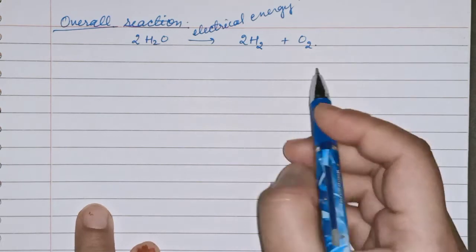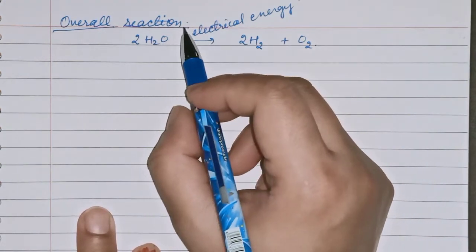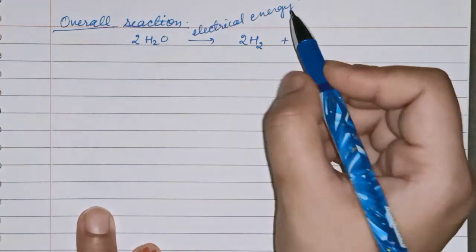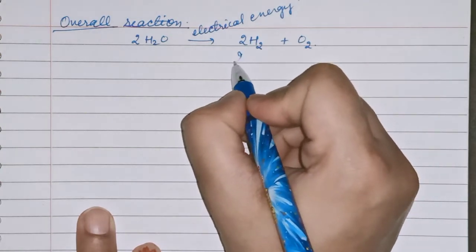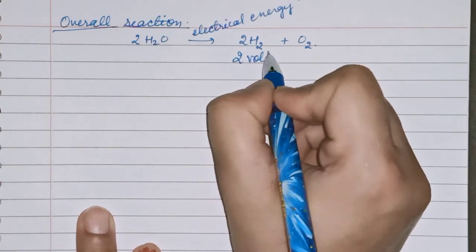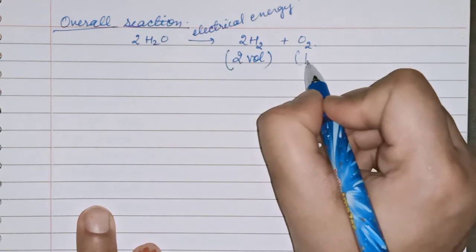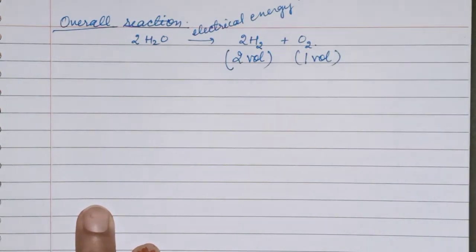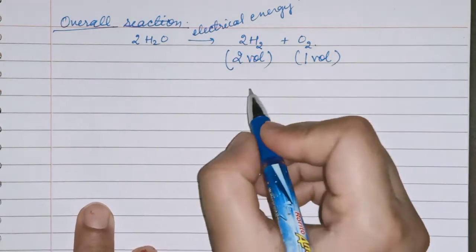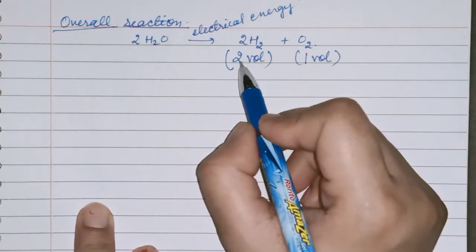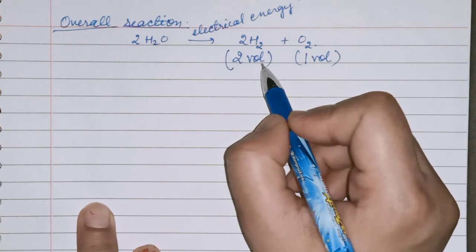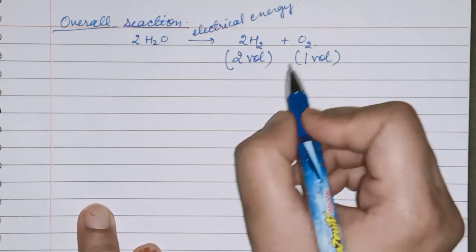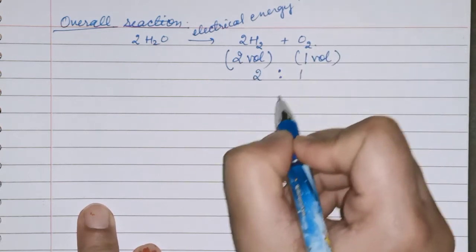Now here you can see that when acidified water is breaking down, it will give 2 volumes of H2 and 1 volume of O2. So this shows that the volume of hydrogen is always double of oxygen. So the ratio is 2:1.